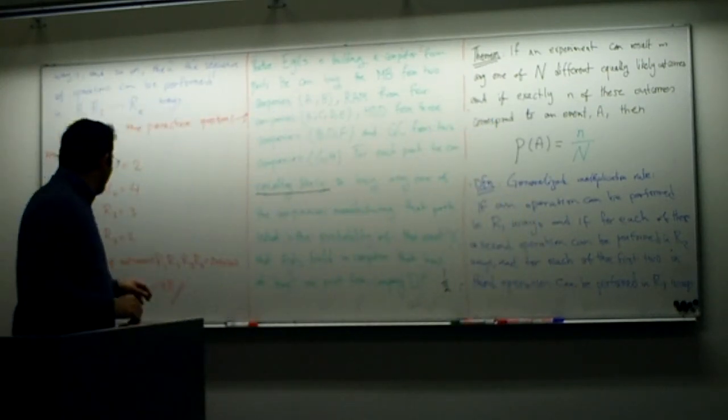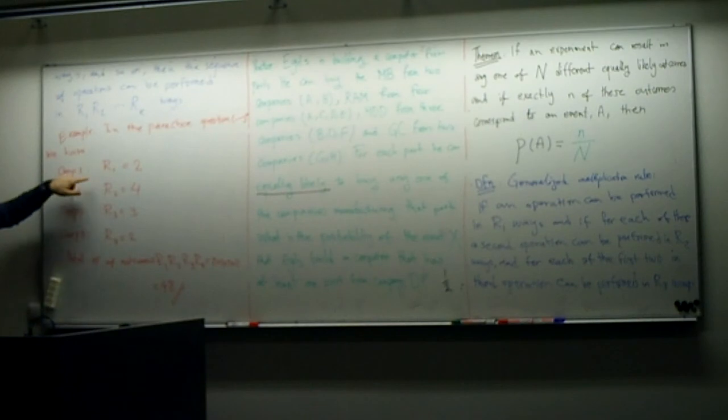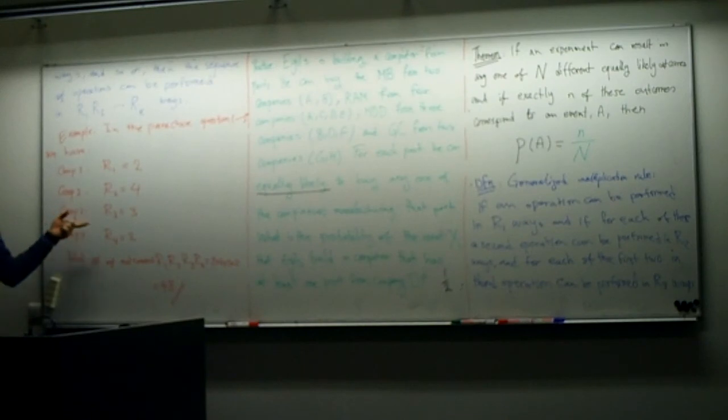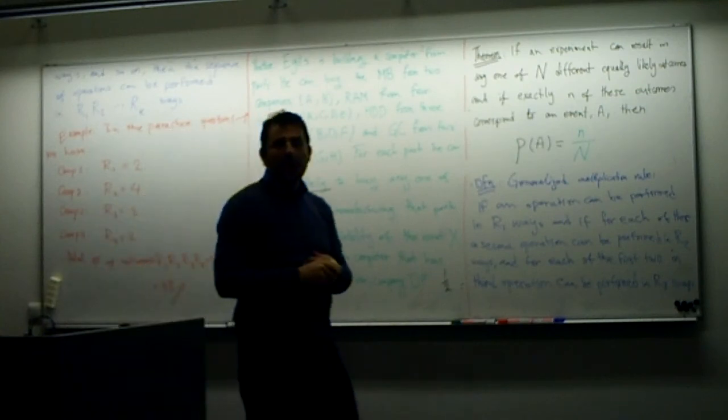Now, we know that it doesn't matter which of components 1 and 2 you have taken, you still have 3 choices for component 3, right? So it doesn't depend on that.